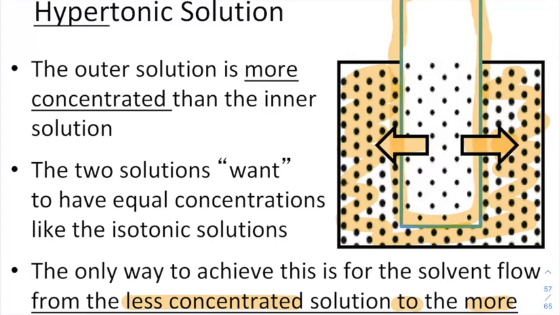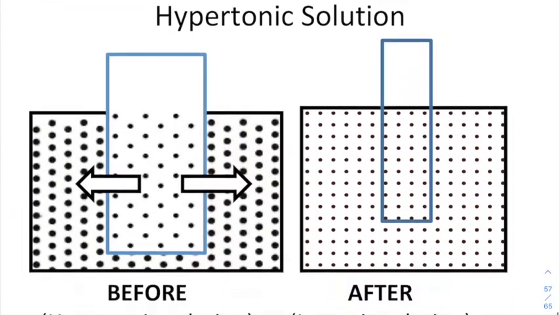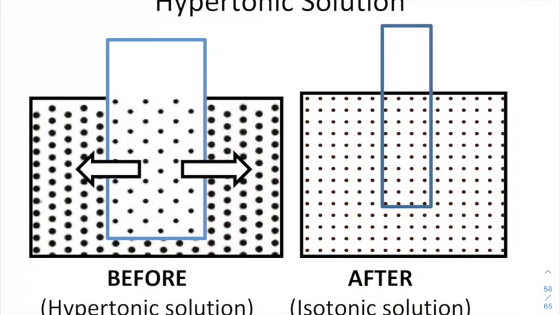Last time we talked about that membrane expanding. Now we're going to talk about that membrane shrinking as it loses its solvent. So here on the left we have the before, and our solvent always flows from less to more concentrated. So in this case, it needs to flow outward. But when it does, this inner chamber starts shrinking up.